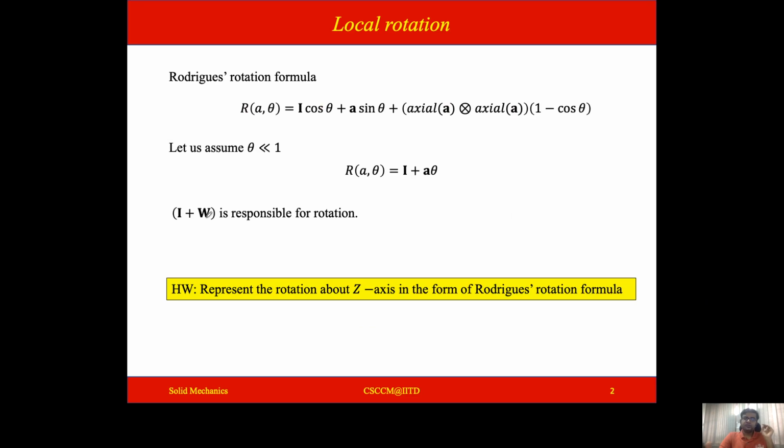So this is what we were discussing in our last lecture. If you recall, we considered what was known, and that was dx is equal to F dX. Remember that small x is the deformed configuration and capital X is the reference configuration, or you can say the initial configuration.